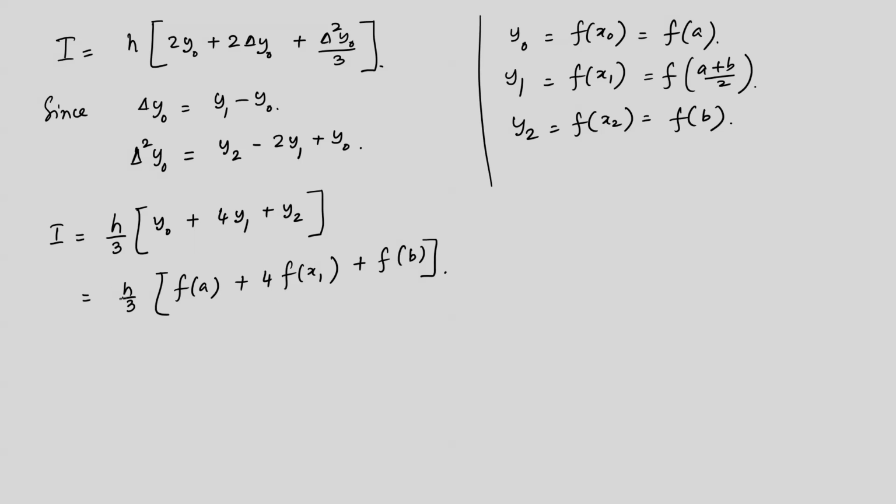Okay. And this h over 3, so h is the interval which is here, it is the total interval divided by 2. So, it is b minus a divided by 2.